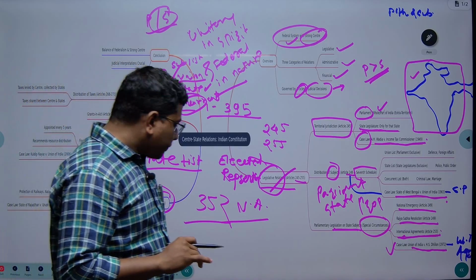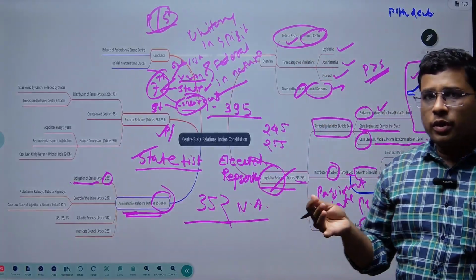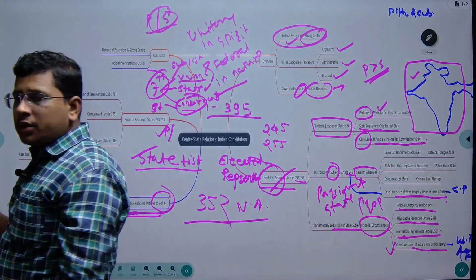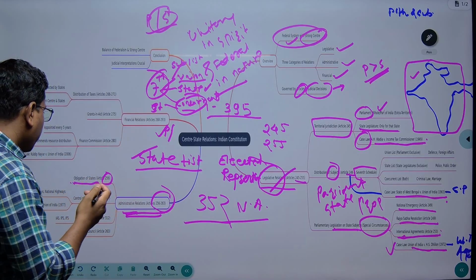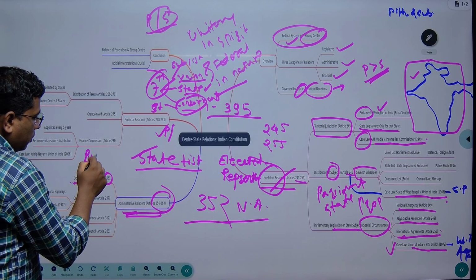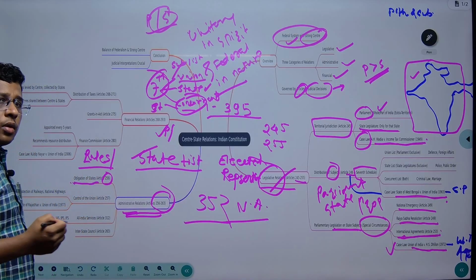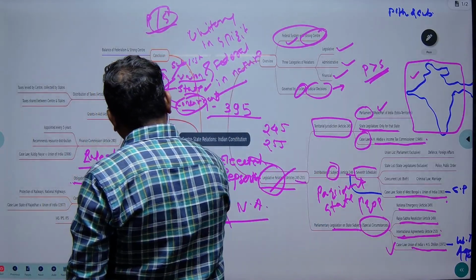It means in administrative relation, states have an obligation, that is a responsibility, while making laws, right? So what is obligation? The obligation is that the states should obey the laws or rules given by the parliament or union.